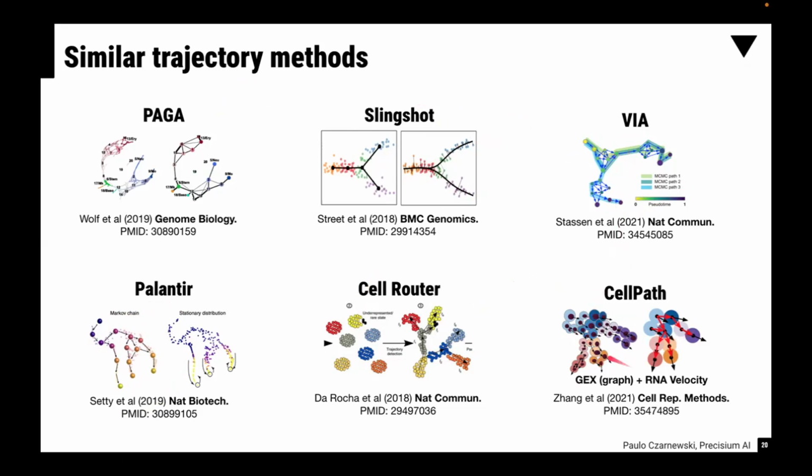You have a graph connecting all the different cells, and you add RNA velocity, which I'll mention in the next slide, to try to infer where it starts and where it should end. There are still many, many more, but in general, they are very similar in structure. You have your data, you cluster it, and you then define a graph that connects all of them into one single trajectory.